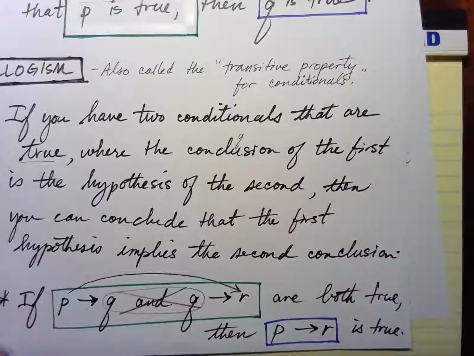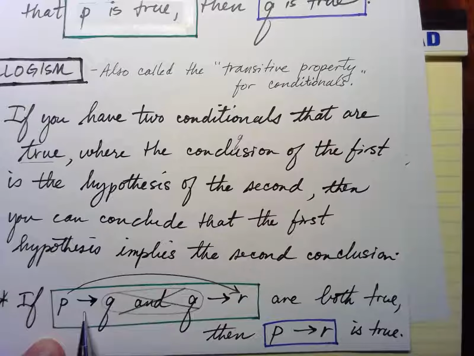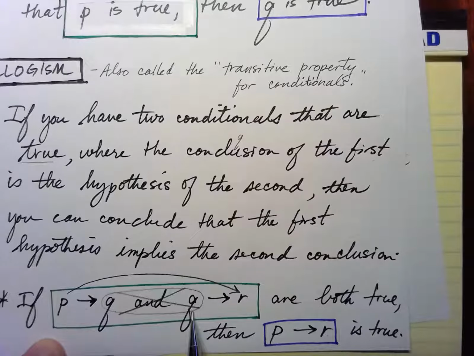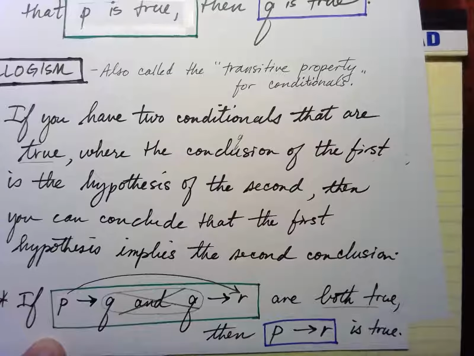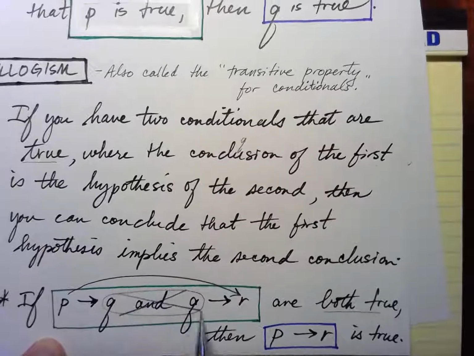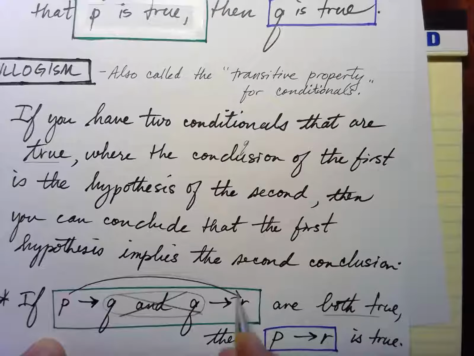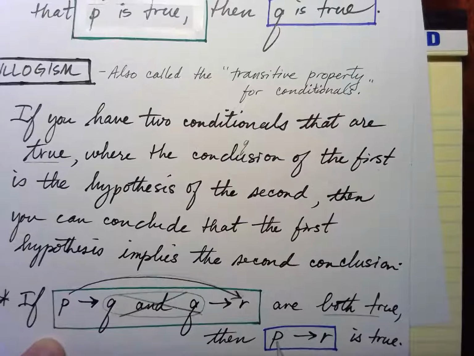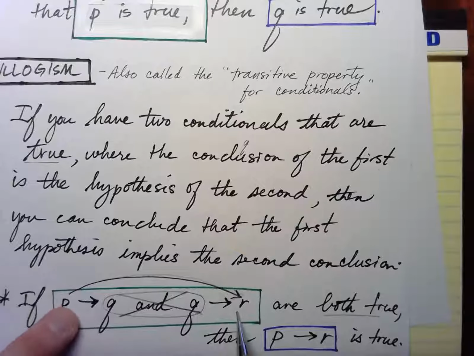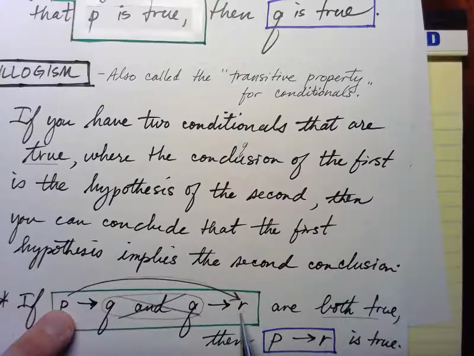So if P then Q is true and if Q then R is true, and both are true, then we can chop out the middleman, jump straight to the last conclusion and say P implies R.